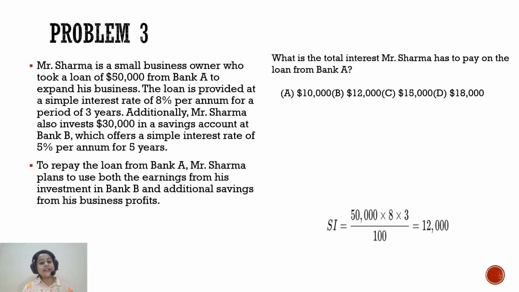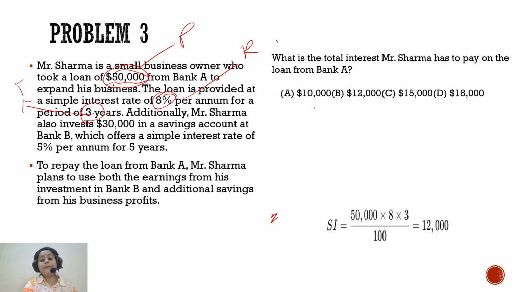So there are two banks, Bank A and Bank B, and Bank B offers a simple interest rate of 5% per annum for 5 years. So loan and investment have different profiles. Loan profile is that he has taken 50,000, where P, that is principal amount, is 50,000, from bank A. Loan percentage is 8, which is R, and it is borrowed for 3 years, that is T. So we have P, R and T from bank A, right?